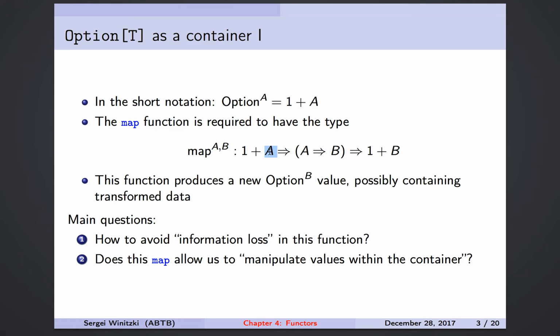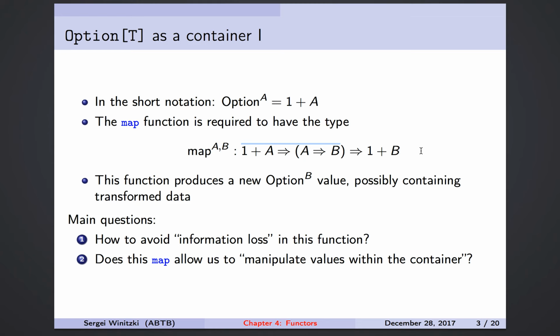How do we define this function so that we don't lose information? And how do we also define this function so that it actually allows us to manipulate values? So are there some constraints on this function that we need to be aware of? And that's a central point of this tutorial. So these are the main questions that we will be dealing with.